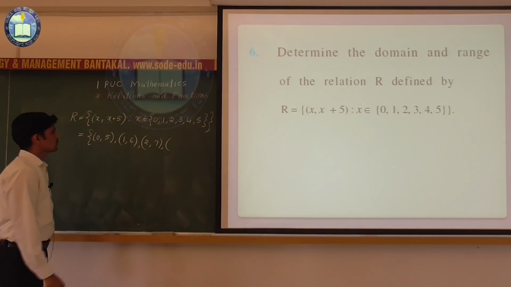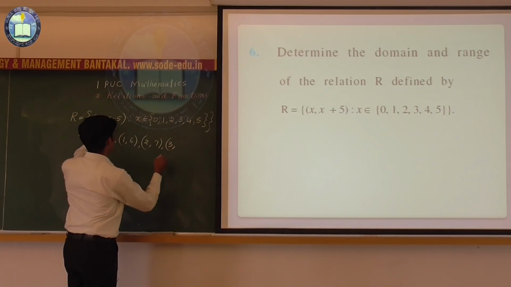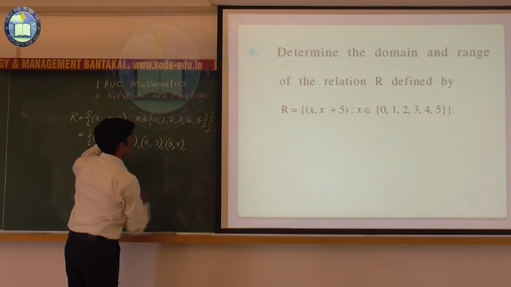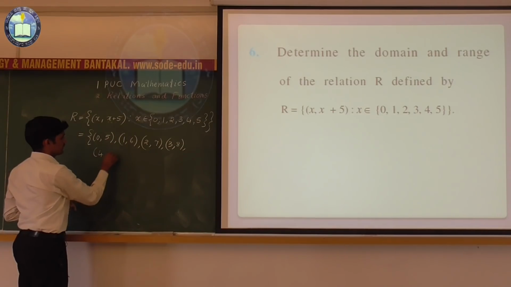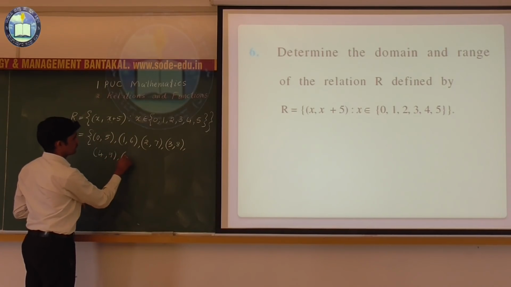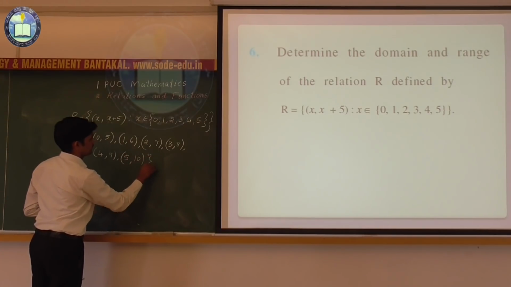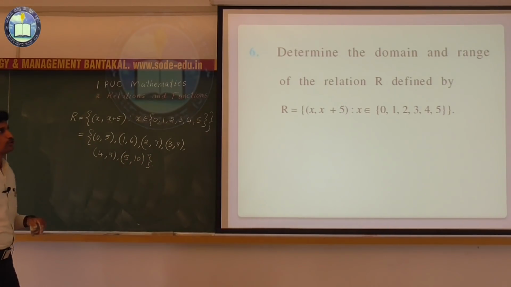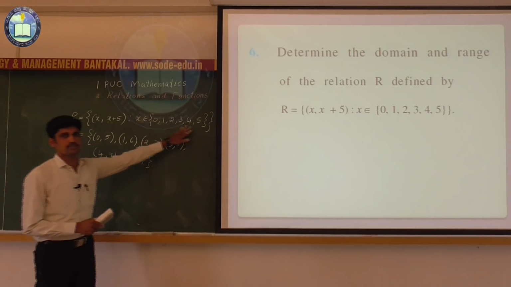And when we give x equal to 3, it is 3 plus 5, 8. When we give x equal to 4, 4 plus 5 is 9. x equal to 5, then y is 10. This is the relationship. Here there is no restriction for y. x must be from this set.